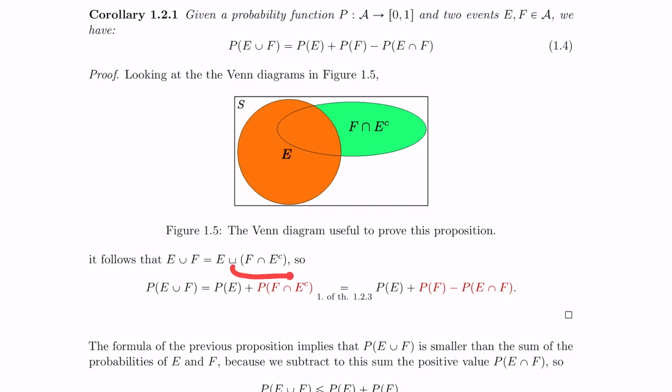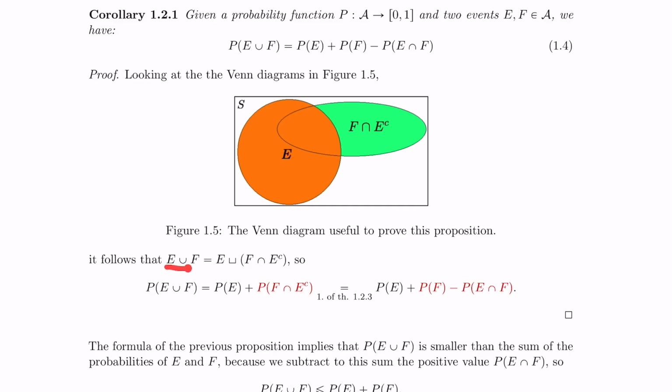Notice that this union is disjoint because we have left the intersection in E, and so the set depicted in orange and the set depicted in green are of course disjoint, because there are no outcomes shared by these sets. Writing the union as a disjoint union allows us to apply Kolmogorov axiom number 2.